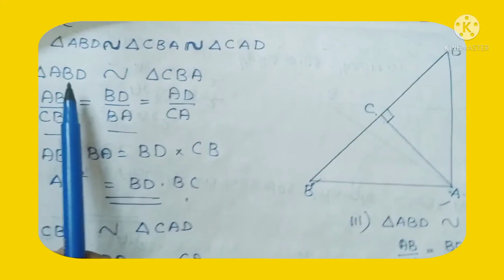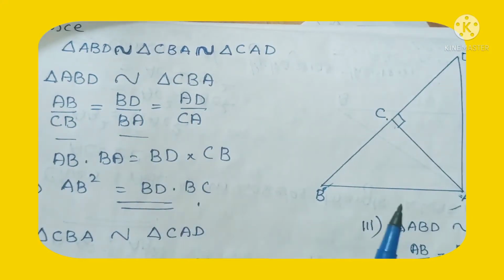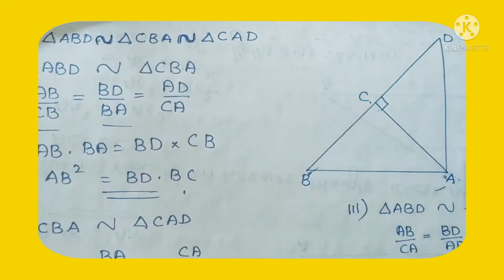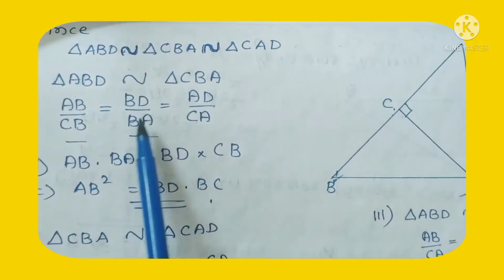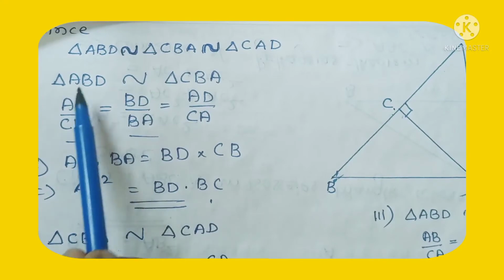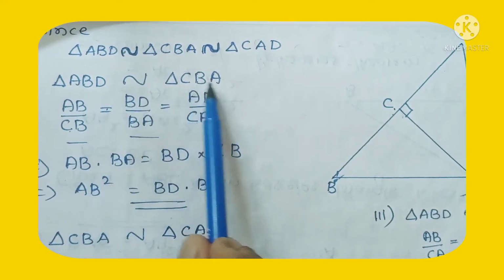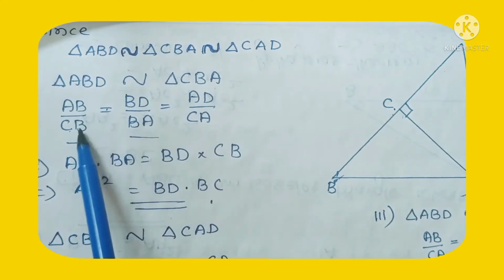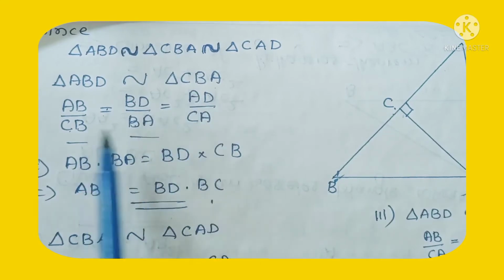First we want to take the triangle ABD similar to triangle CBA. Then we can take the ratio of their corresponding sides, that is AB by CB equal to BD by BA equal to AD by CA.